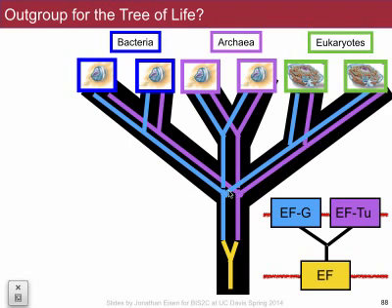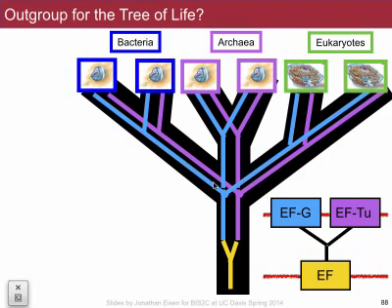And when there are speciation events, when the species split, each of the duplicates now tracks with each of those descendant lineages, like I've shown with the purple for what's called elongation factor Tu, one of the elongation factors in all taxa, and elongation factor G is shown in blue. So when the lineages split, each of those descendants gets a version of these genes.